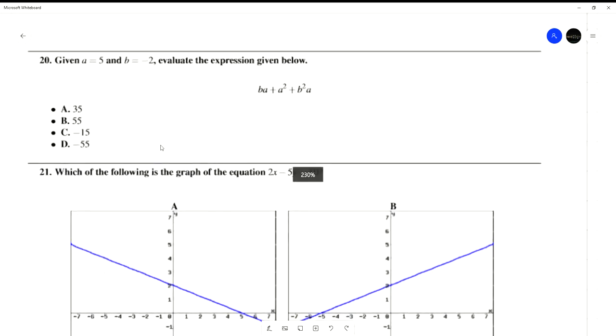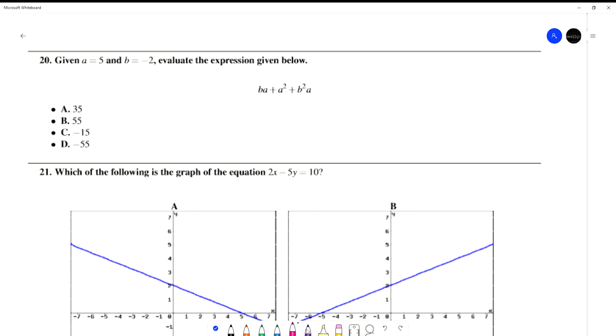The first one here, given A equals 5 and B equals negative 2, evaluate the expression given below. Okay, so let's substitute these values in here.